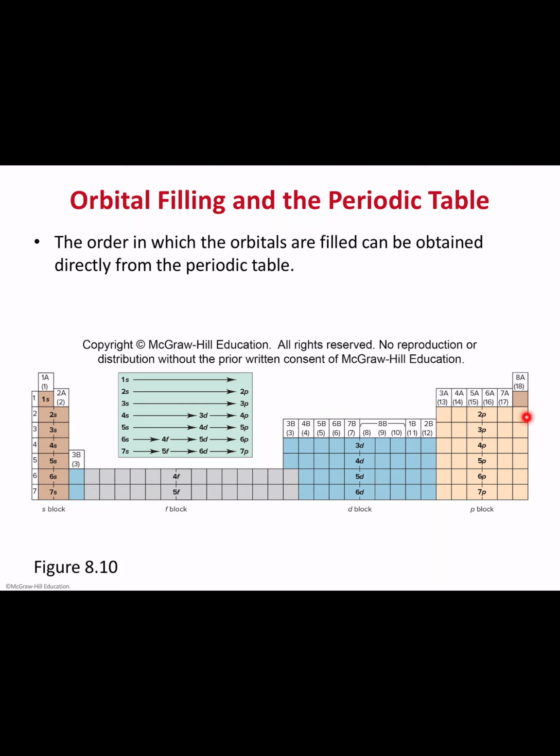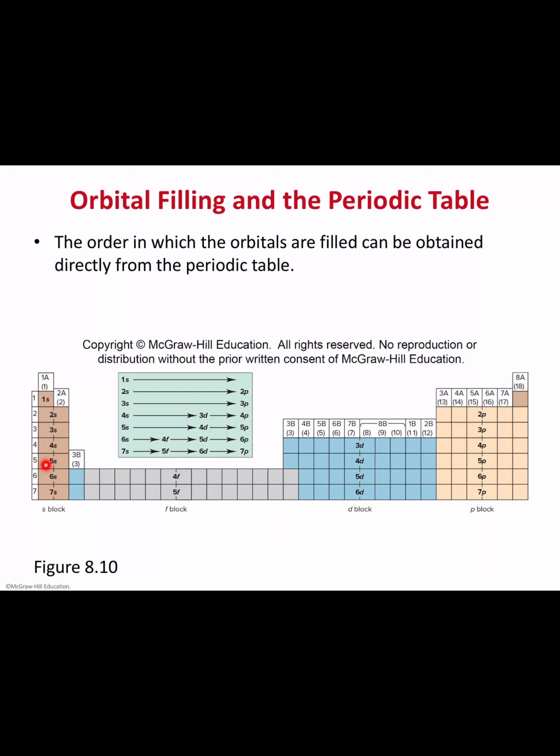After 2p comes 3s. And 3s also directly goes to 3p. After 3p comes 4s. And once the 4s is filled up, it goes to 3d, and then goes to the 4p.